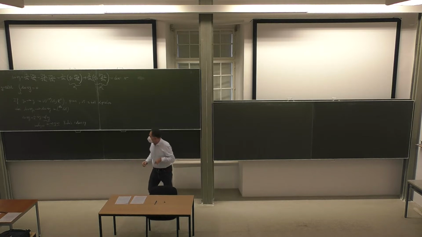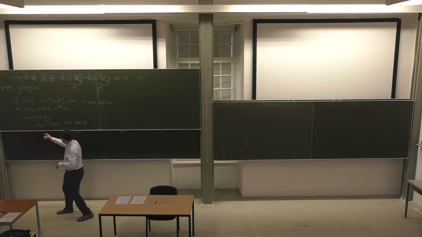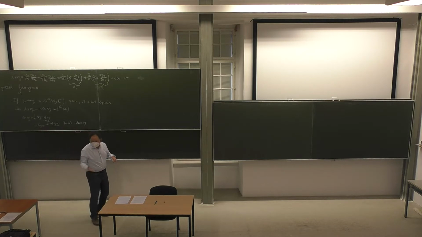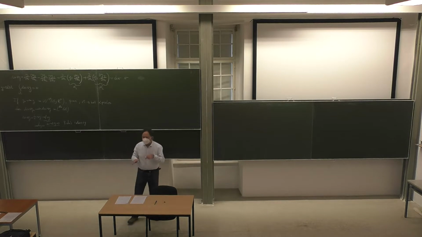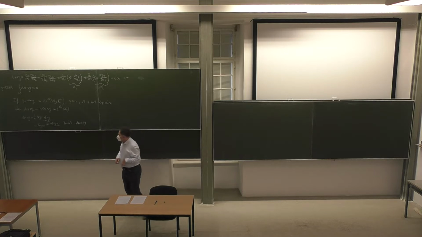But if one is curl-free and the other one is divergence-free, then it's different. Then the oscillations are sort of perpendicular to each other, and you can pass to the limit. And this is a general result which is due to Murat and Tartar, and it's called the div-curl lemma.